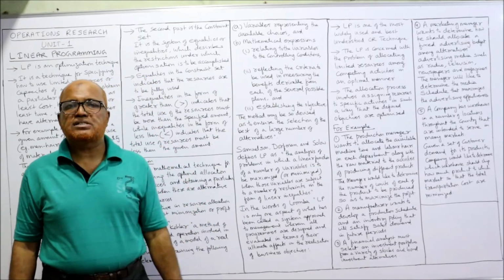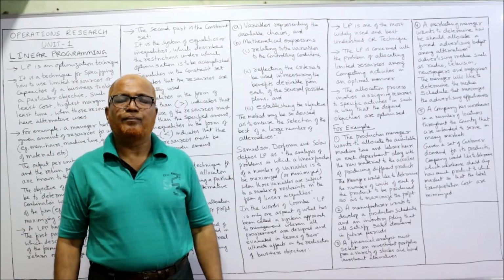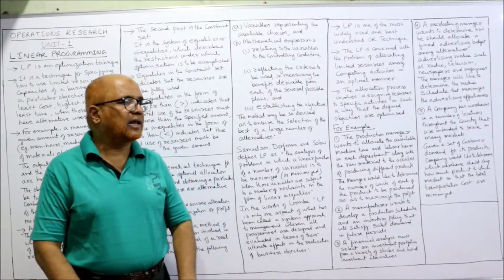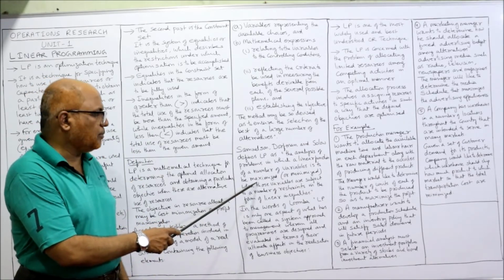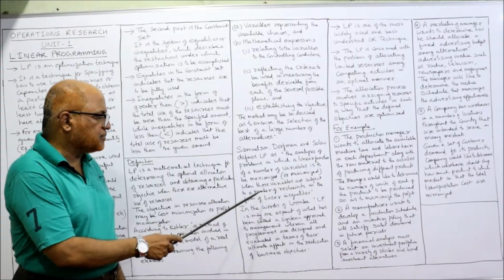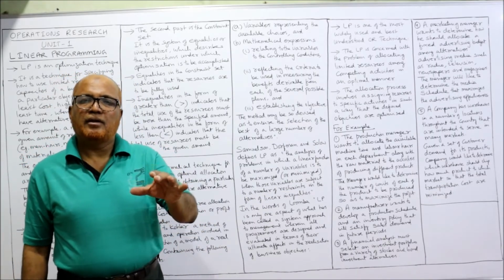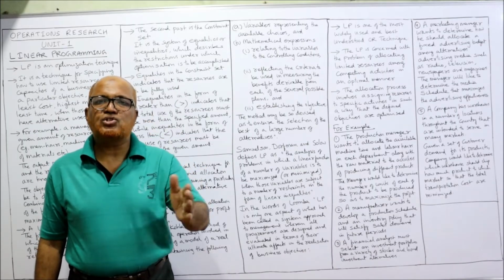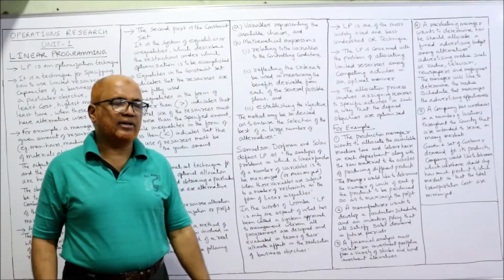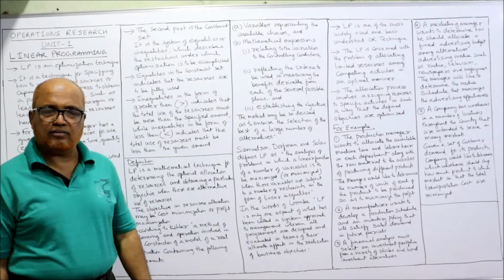Similarly, 1 unit gives 10 rupees of profit, 2 units must give 20 rupees of profit. Then only we can say linear relationship. So, of a number of variables that is to be maximized or minimized, when those variables are subject to a number of restraints, that means the variables in the constraints have restrictions. We don't have unlimited resources, and in the form of linear inequalities.